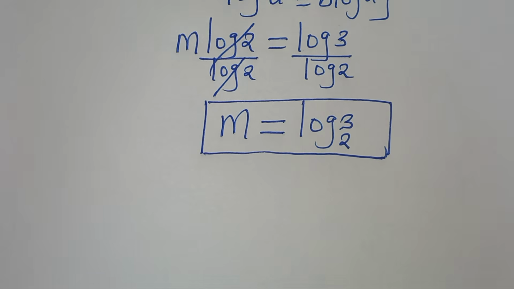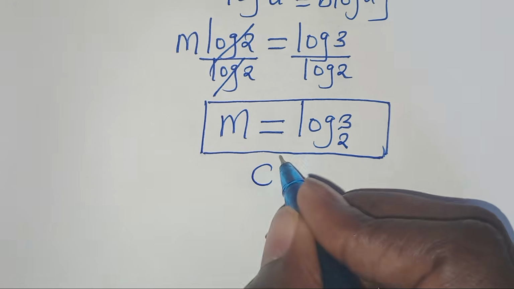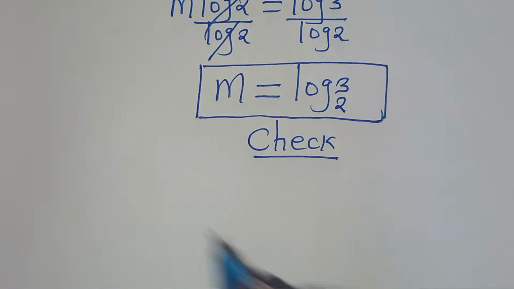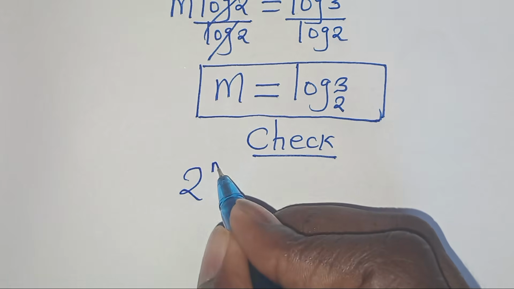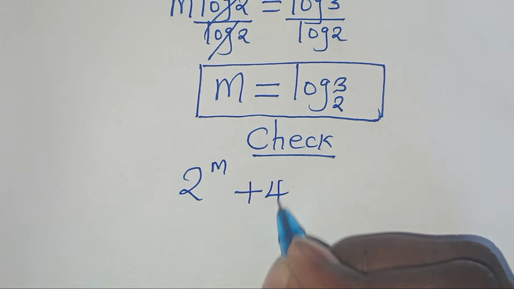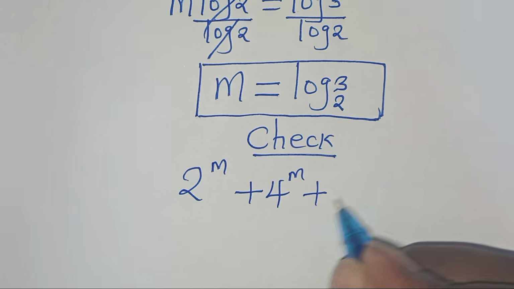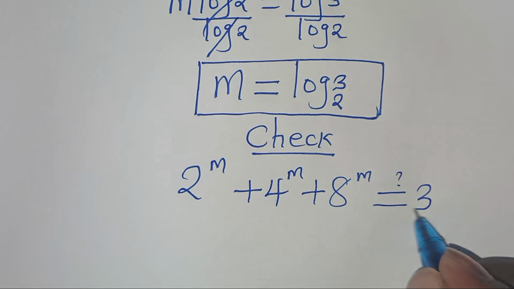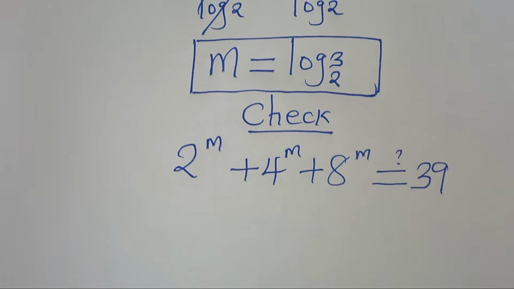The next step is to verify. Let's check if this value of m satisfies the equation. If you recall, we have 2 to the power of m plus 4 raised to the power of m plus 8 raised to the power of m. This should give us a value of 39.